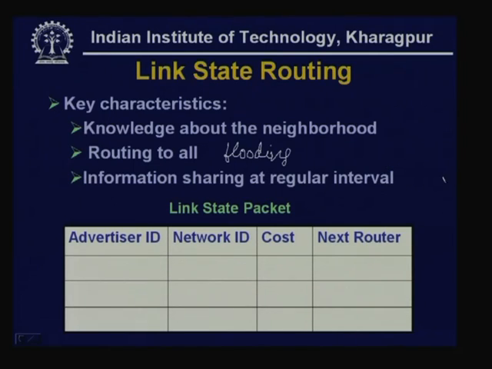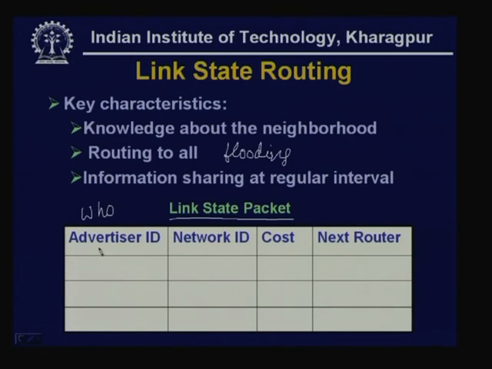And this link state packet is being sent to all the other nodes. This is the advertiser ID, that means who is sending the packet, because although information gathering is taking place from the neighborhood, it is being sent to all other nodes. As a consequence, the nodes should know who is doing the advertisement or who is passing on the information.